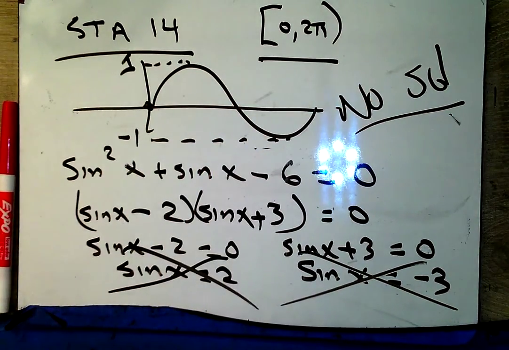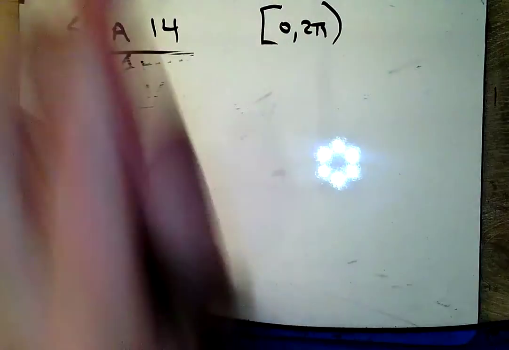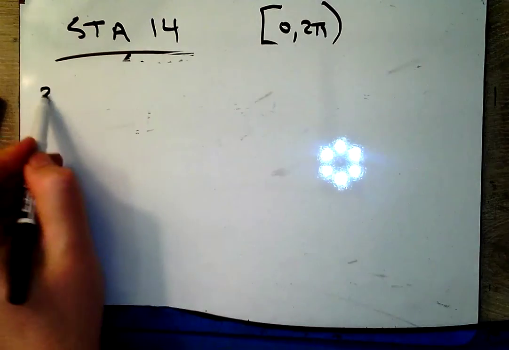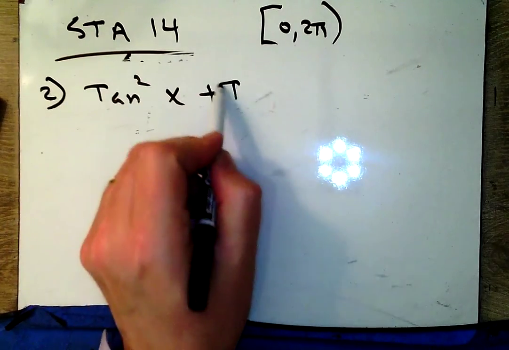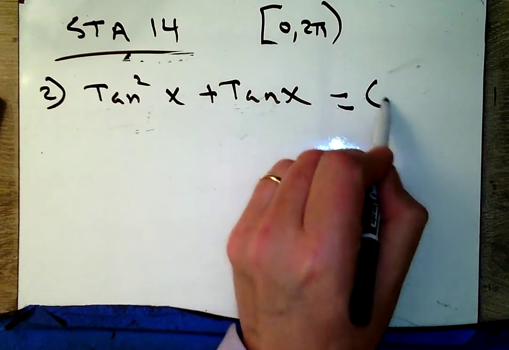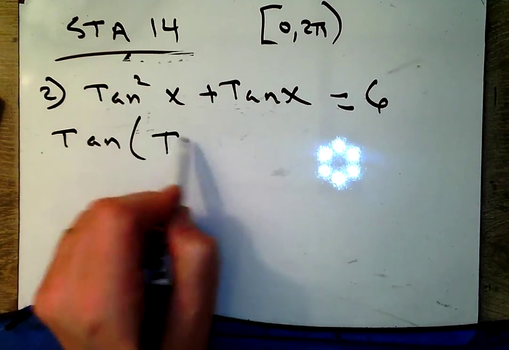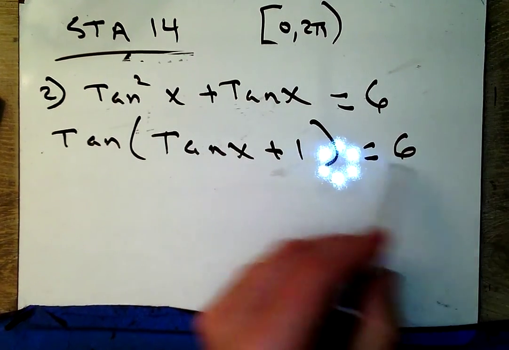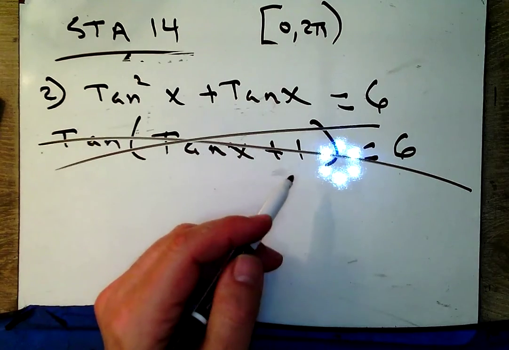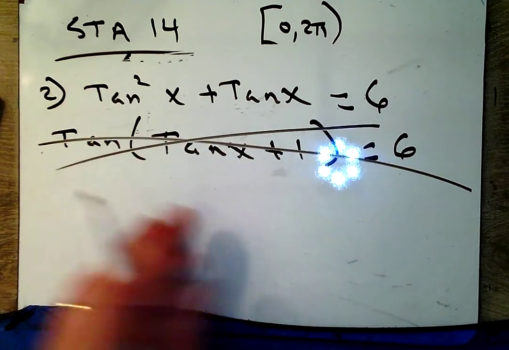Okay? Now, is this still going to be true for tangents? Well, let's take a look here at problem 2. We have tangent squared x plus tan x equals 6. And again, please don't be this person. Don't do it.